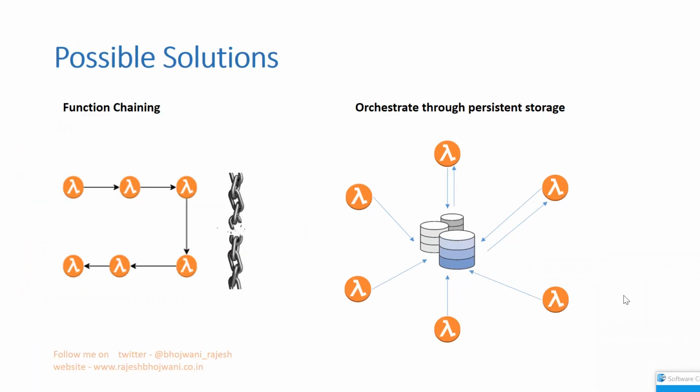The second option we have is to orchestrate task functions using persistent storage like an RDBMS database. What we can do is that the Lambda functions, which are generally stateless, store the output of each function in the database, and another function can read from there and then execute its steps.